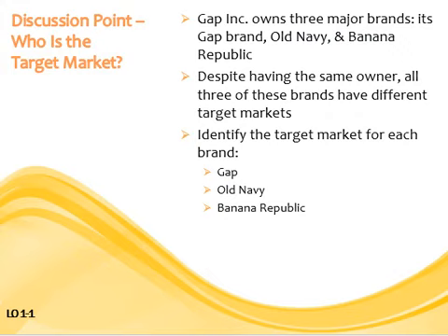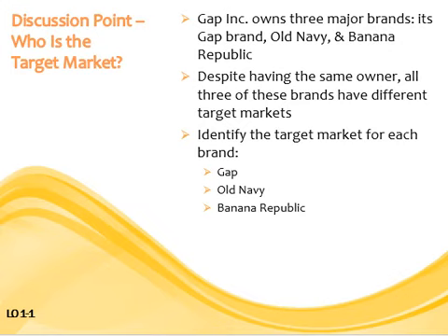Throughout the slides, we have discussion points. This one is about the Gap company, which owns 3 major brands: Gap, Old Navy, and Banana Republic. Even though the company has the same owner, all 3 of these brands have different target markets.